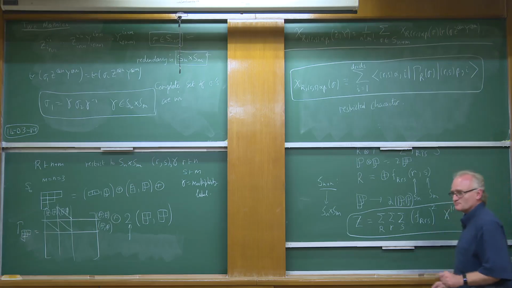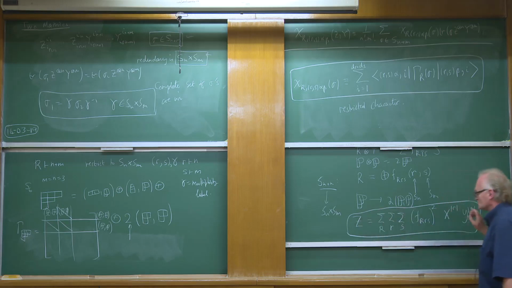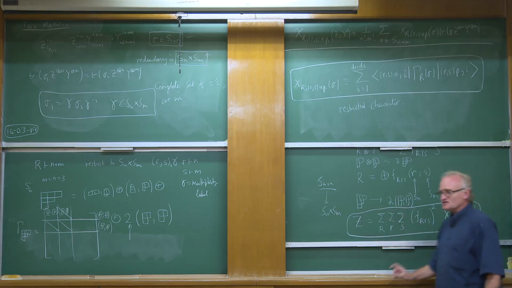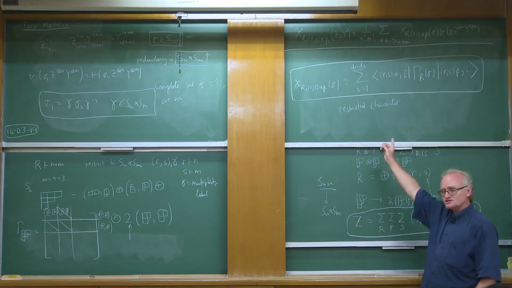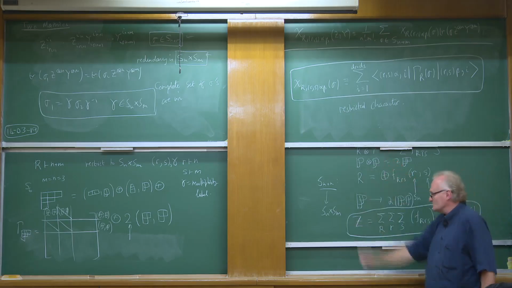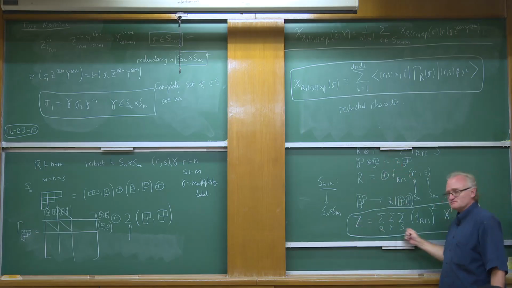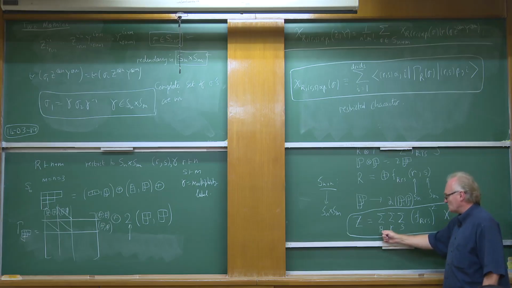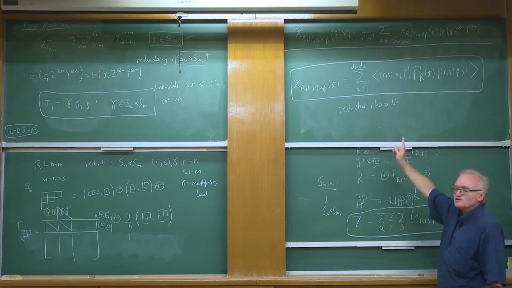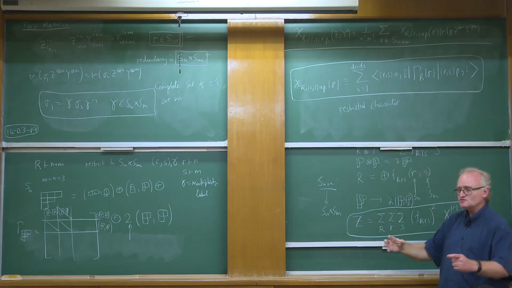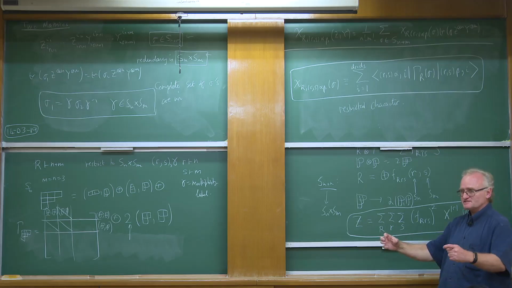Sorry, can you explain this box once more? Sure, this box. What's happening is, I just want to count the total number of restricted Schur polynomials. So I would need to sum over all possible labels for the restricted Schurs. I've definitely got labels R, R, S, but I've also got the 2 multiplicity labels. And I'm going to want to sum over those explicitly.